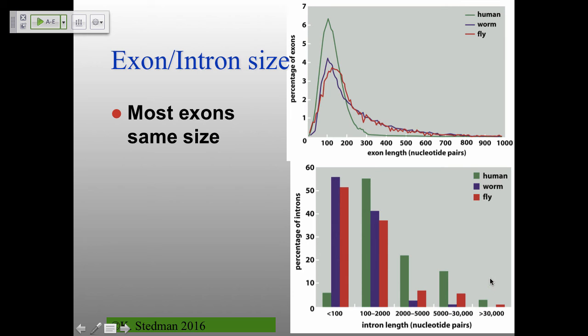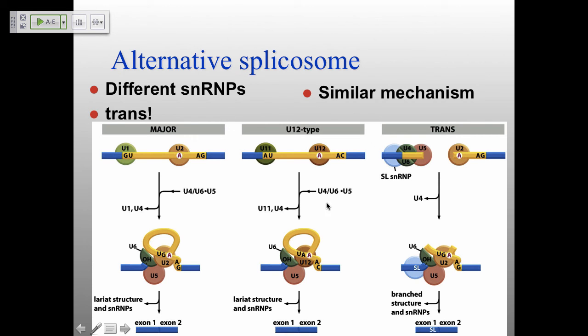As I mentioned before, most splicing takes place with U1, U2, U4, U5, and U6, but there are other splicing processes which take place. The numbers here are not important, but it all has to do with the specificity.